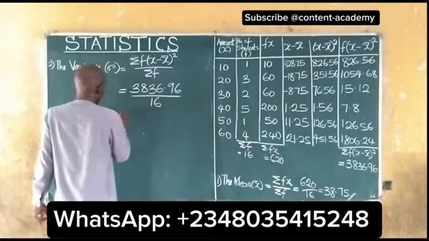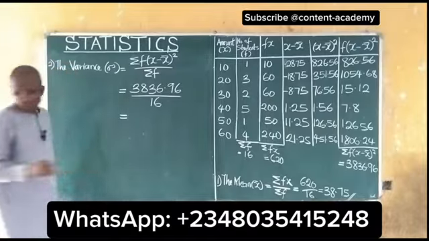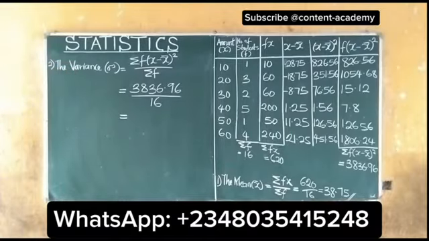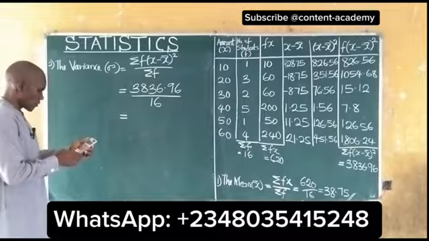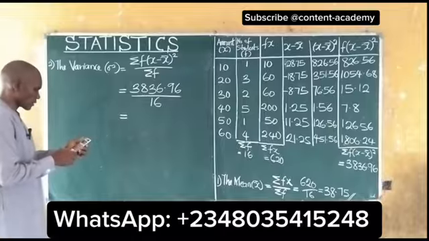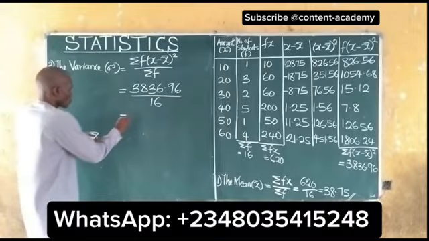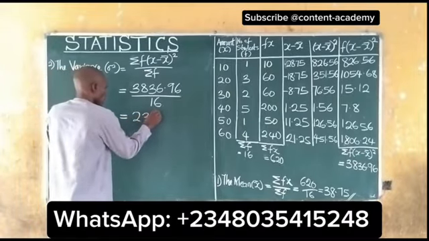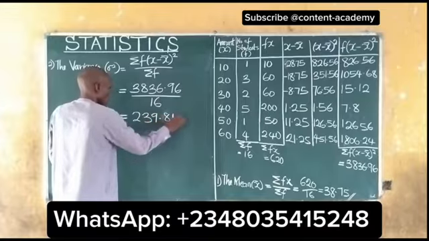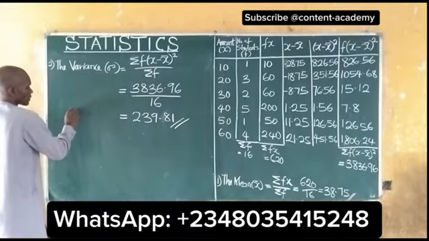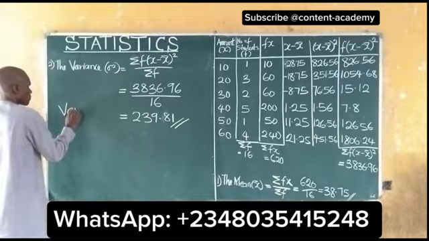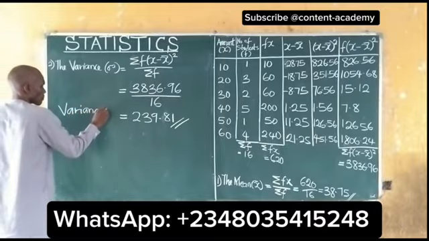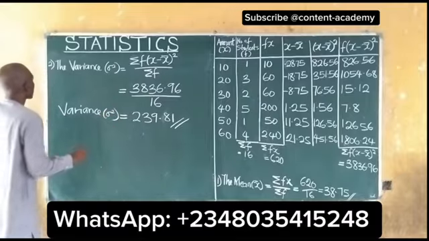So divided by 16, 3836.96 divided by 16 is equal to 239.81. So this becomes our variance.